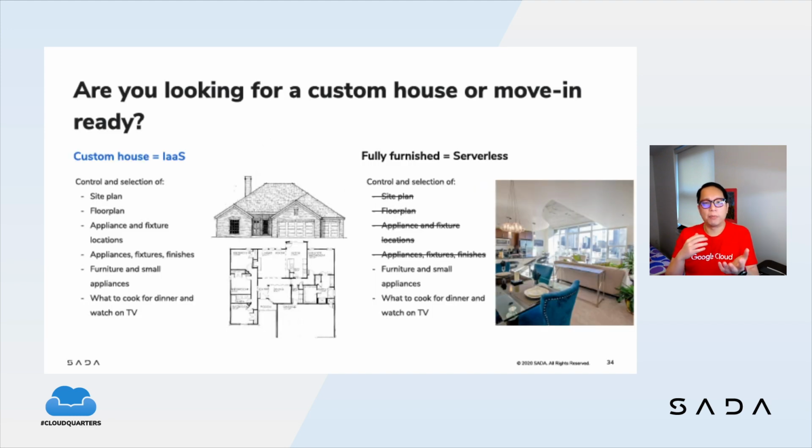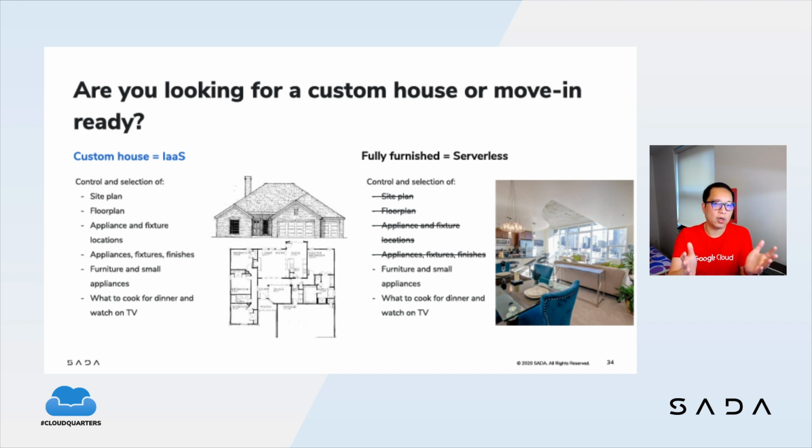We can do a comparison. When you are doing infrastructure as a service, it is like you are building your own custom house. You have control over and selection of your site plan, floor plan, what kind of appliances you want to buy, what the fixtures are, when you want to finish it, the furniture, what kind of other small appliances, the look and feel of all this kind of thing, which is time consuming but flexible.